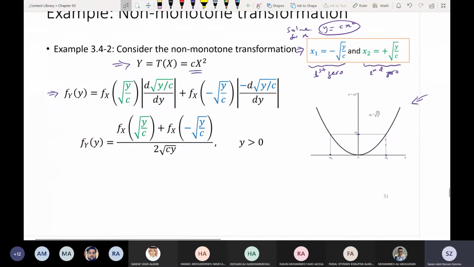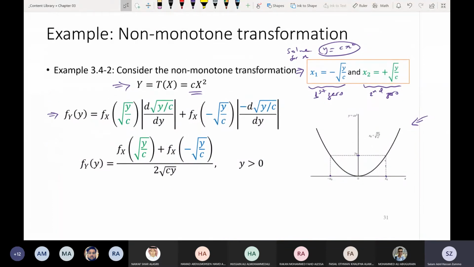So basically fy of y, let me write it in detail, will be the summation from i equal 1 to 2 of fx of xi divided by dy/dx evaluated at x equal xi. So we have here two terms.